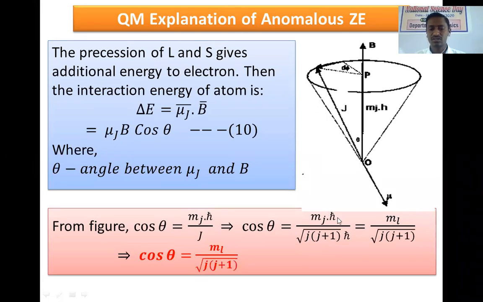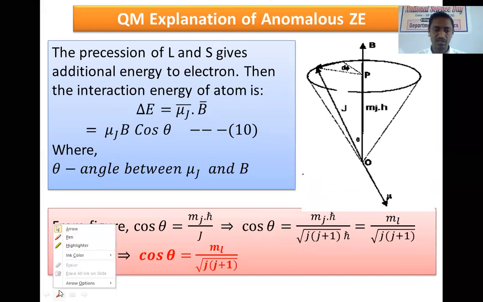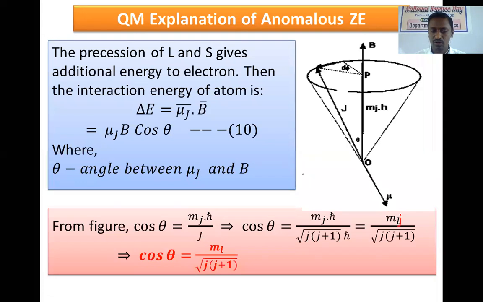Here h cross in the numerator and denominator cancels. Therefore cos theta will be equal to mj upon the square root of small j into j plus 1.